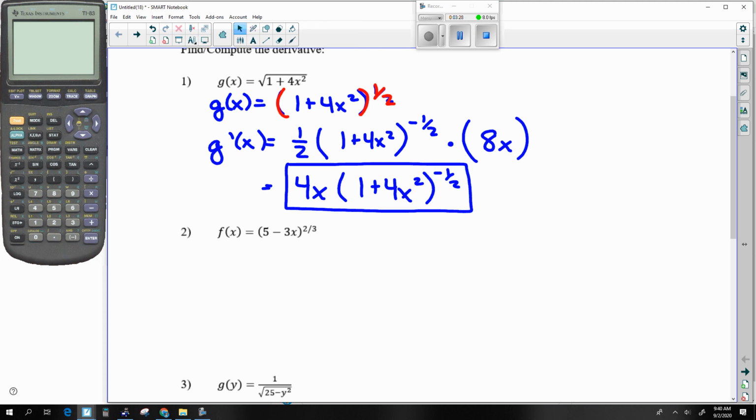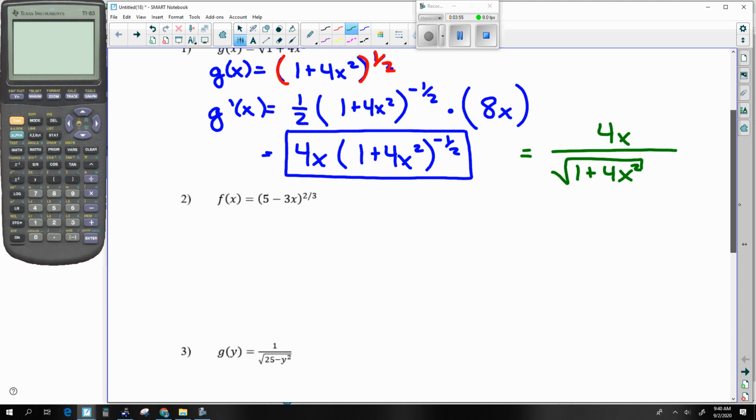And so what you would see is this. The 4x is a numerator, and then I have a denominator of this square root. So this is going to be the square root of 1 plus 4x squared in the denominator. Oh, sorry, 4x squared. That's what it would look like on the answer key itself.